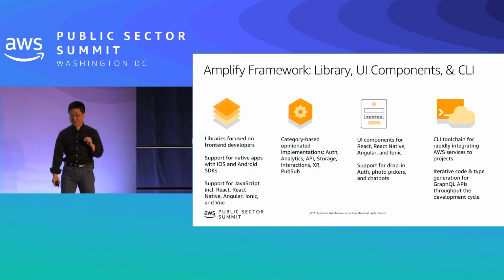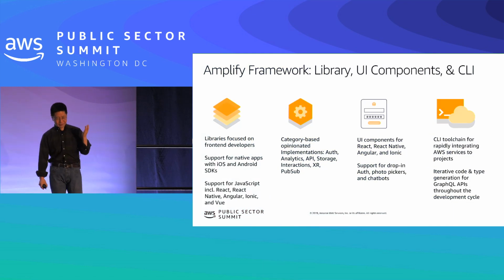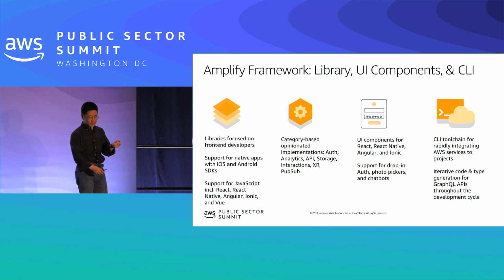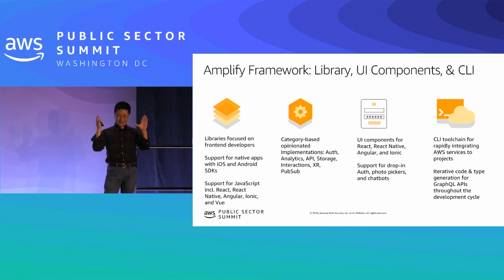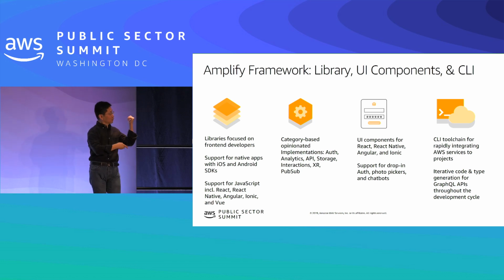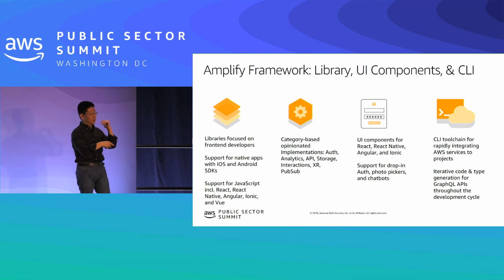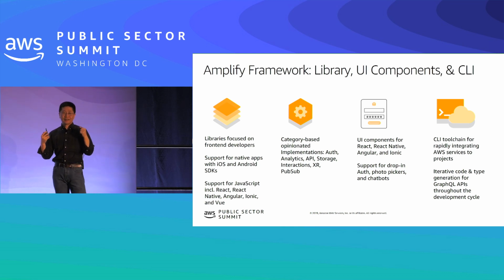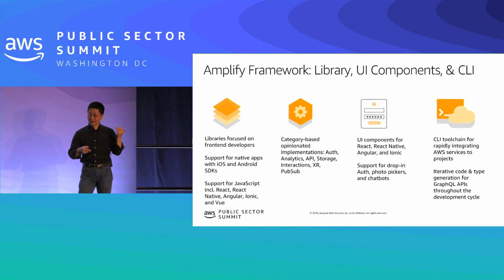First, the framework. The framework includes libraries, and for example, if you want logging in for the UI, if you just include the library and have a few lines of code, we can give you a very nice user interface, beautiful color, very nice typography.